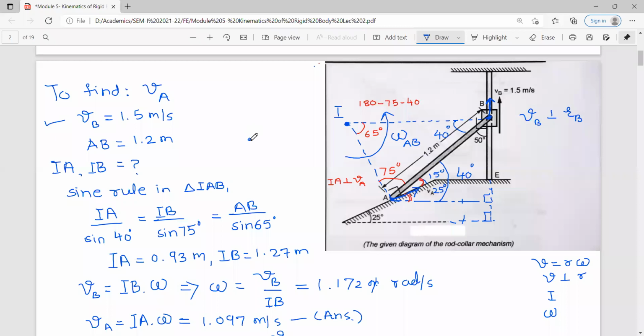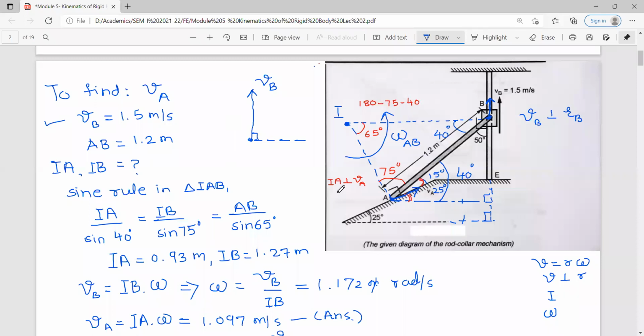It is your horizontal reference, and the direction of velocity of point B is vertically upward. If it is coming downward, you show it downward. You can show your angle to be 90 degree. So it is the direction of velocity of point B, and it is the magnitude of velocity of point B.